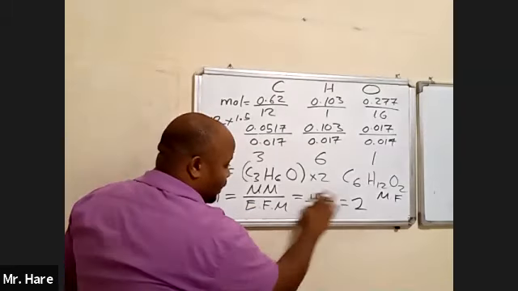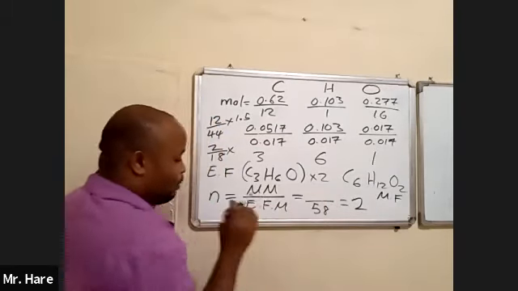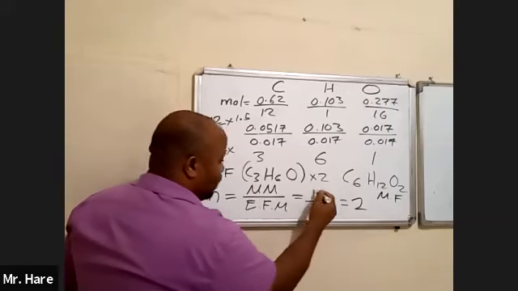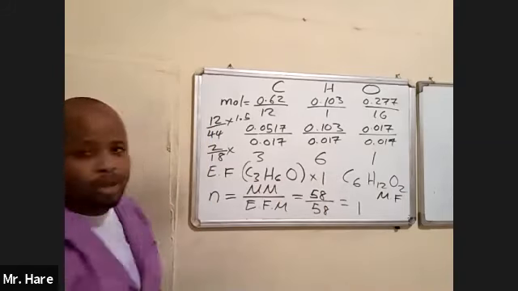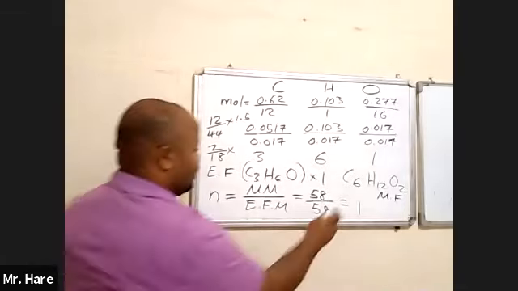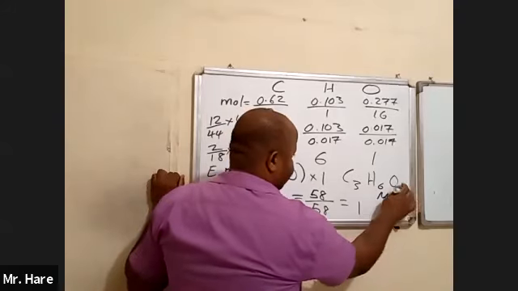In the actual question, the molar mass of the compound was also 58. So I get the answer 1, right? And so 1 times this would give the same thing, which is C3H6O. That is the empirical formula. Let's go back over moles. All right. Thank you, sir.